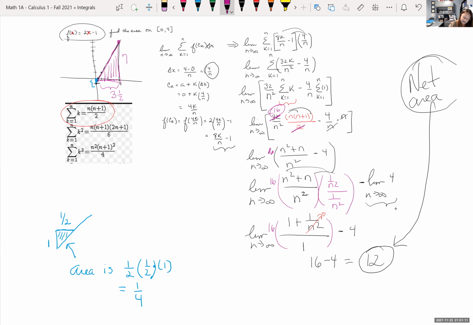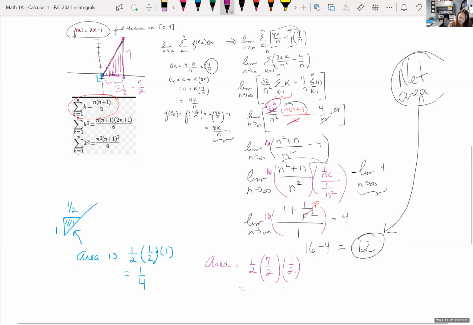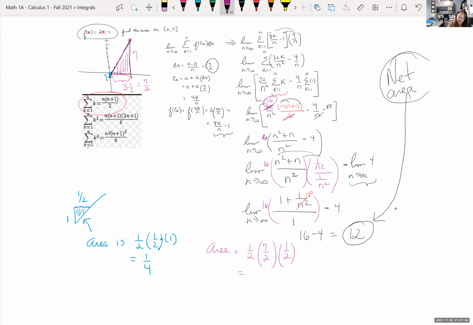So the area of the piece above the x-axis is 1/2 times my base. I'm going to call it 7/2 times my height, which is 1/2. So this would give me 7/4 times 1/2. So this is going to give me 7/8.